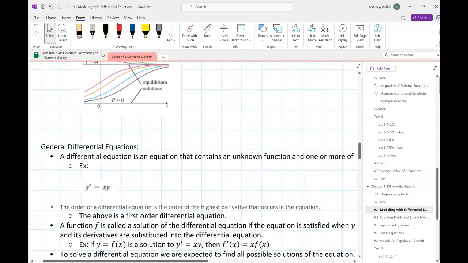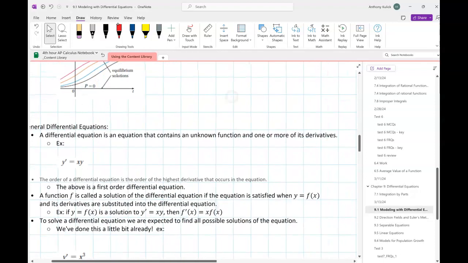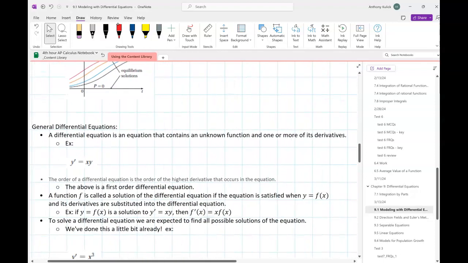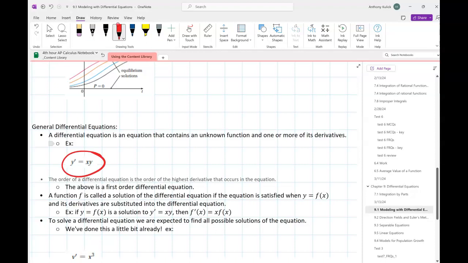So let's look at a general differential equation instead of a super specific application. A differential equation is an equation that contains an unknown function and one or more of its derivatives. For example, y prime equals xy.